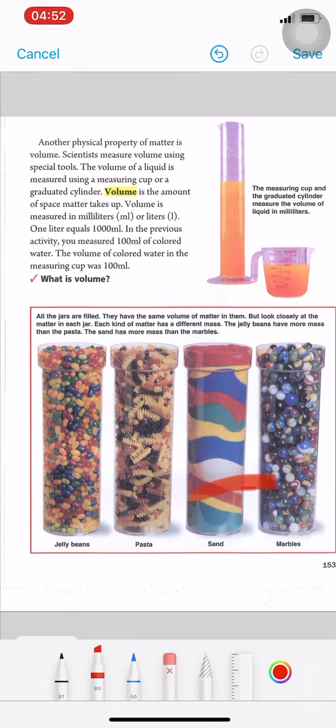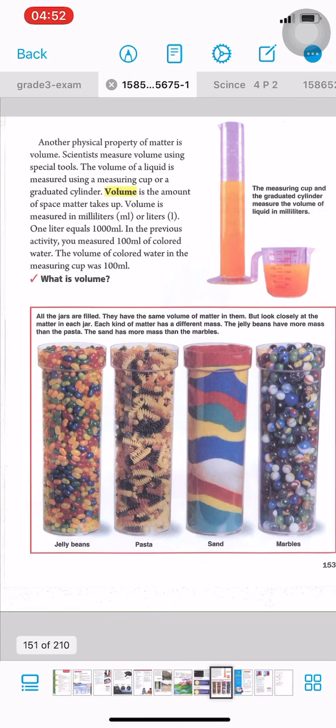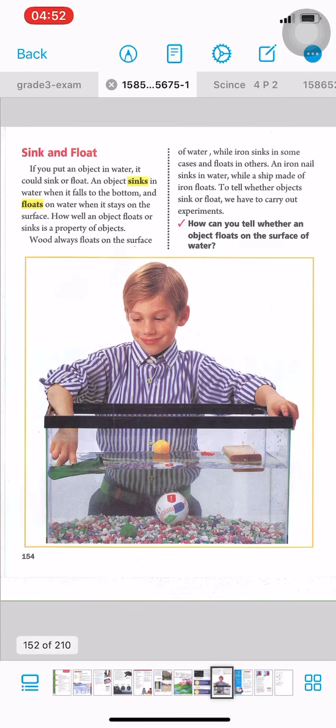Now open page 154. We have another interesting subject, which is sink and float. If you throw a stone, marbles, or coins, they all sink in the water. So what is sink?